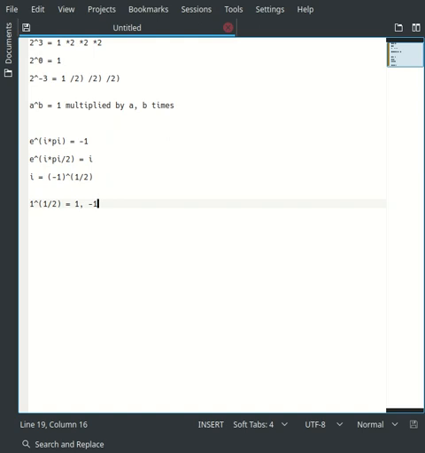Because if we follow our rule up here, -1 squared gives us 1 times -1 times -1, which is 1. So -1 is a valid square root of 1. And if we just kill the negatives, that also works. So both 1 and -1 work for that.